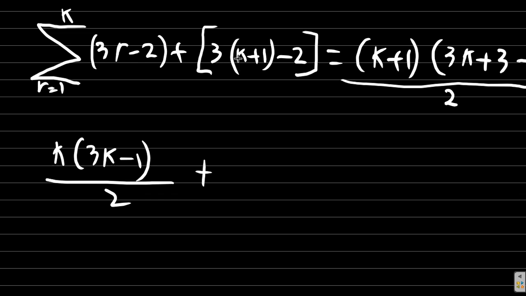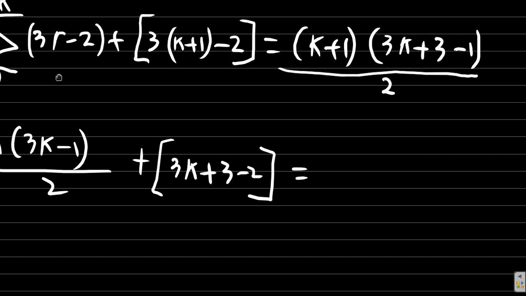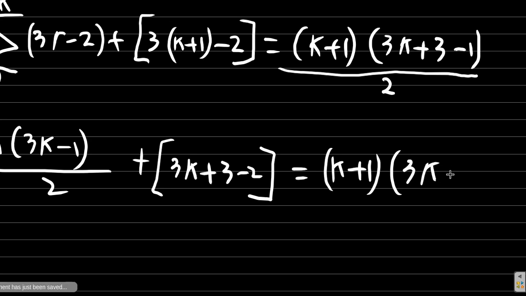We can go on multiplying it out and so on while we're working it out. So it's 3k plus 3 1's 3 minus 2 is equal to, alright, so this is k plus 1, this is 3k plus 3 minus 1, 3k, 3 minus 1 is 2, plus 2 over 2, alright.